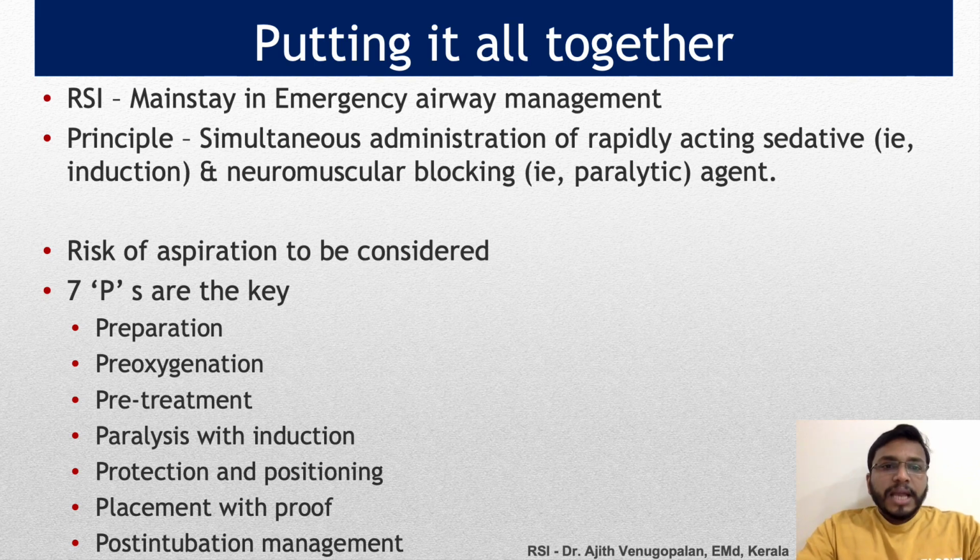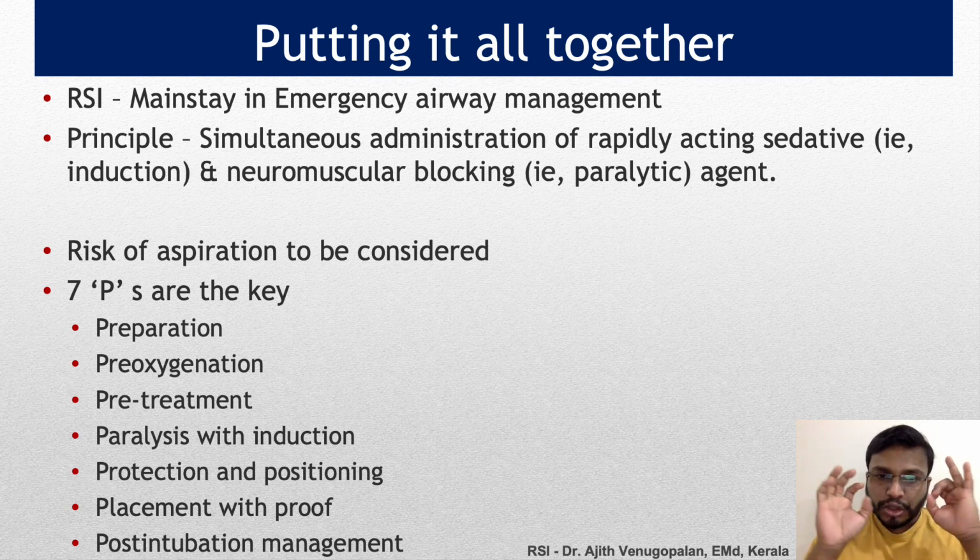RSI has a risk of aspiration, so it's our responsibility to make sure the risk is reduced. The 7 P's that you can always think about are preparation, pre-oxygenation, pre-treatment, paralysis with induction, protection with positioning, placement with proof, and post-intubation management. So the 7 P's are also crucial.